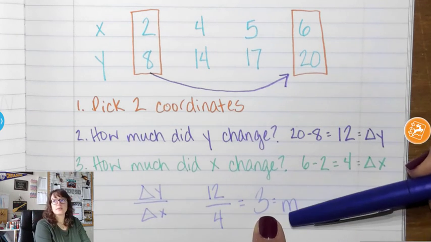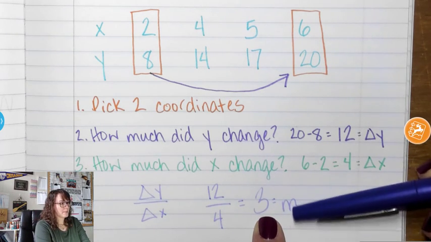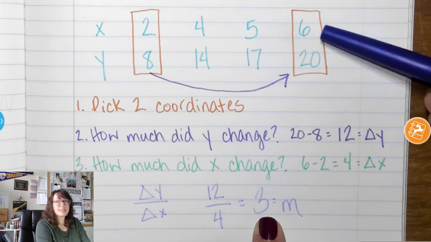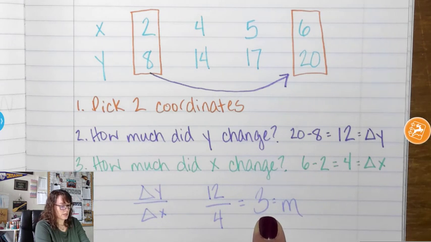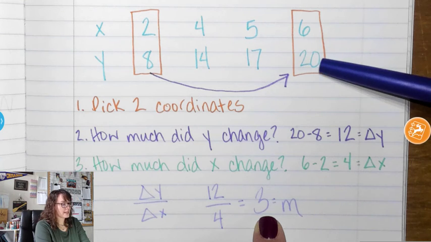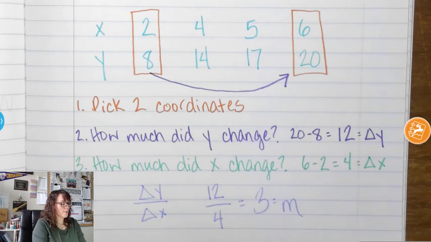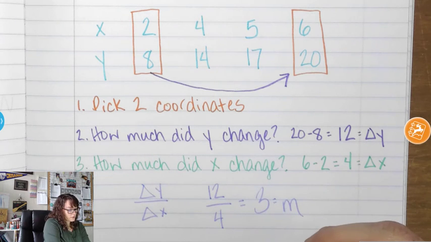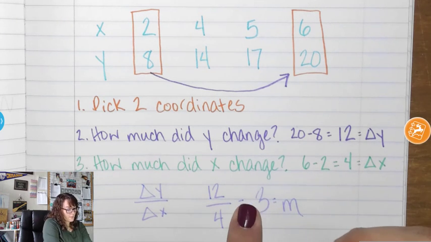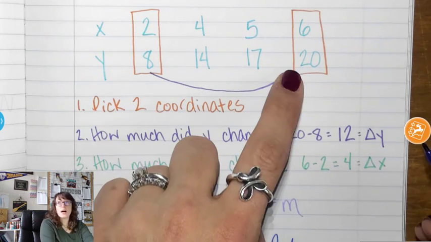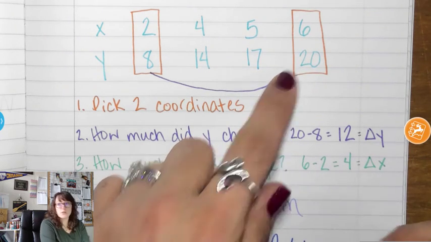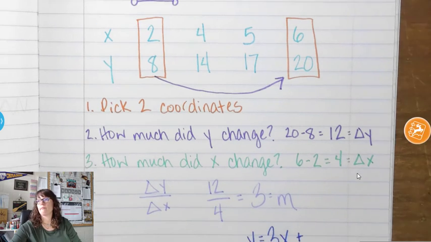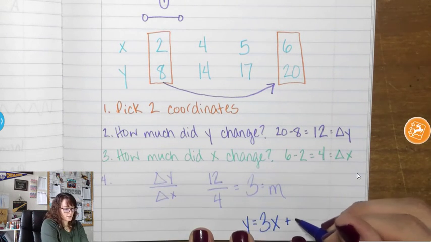All right, last thing. So 3. This is my multiply piece. But what is 6 times 3? 18. How much more do I need to get to 20? 2. So my plus piece is plus 2. So y equals m is 3, x, and then plus the 2. 3x plus 2.